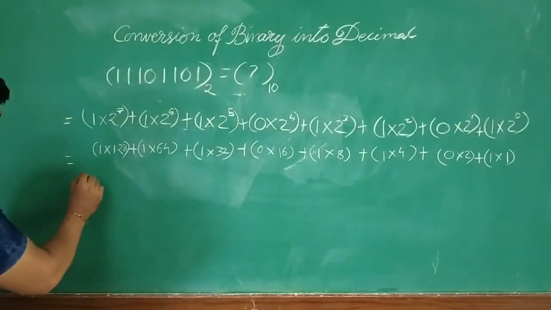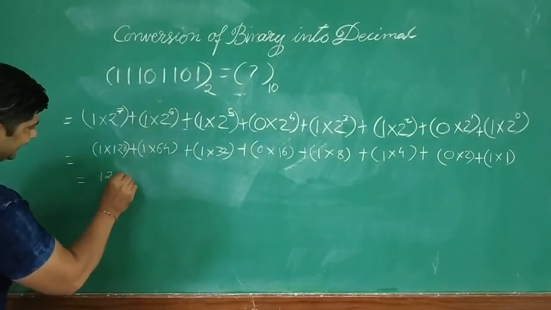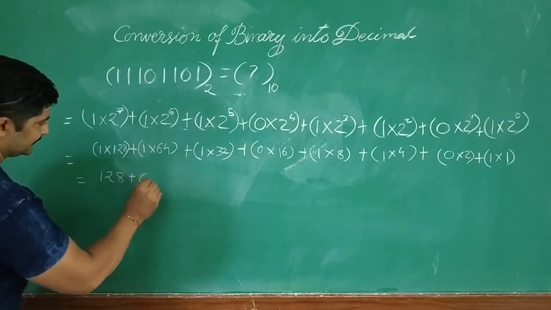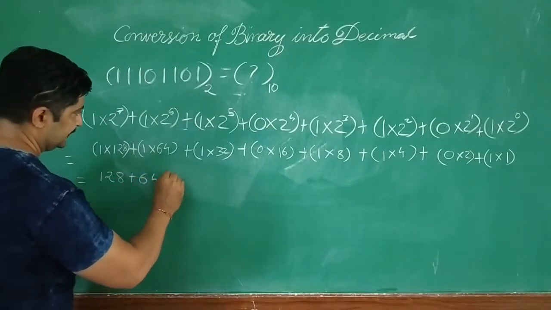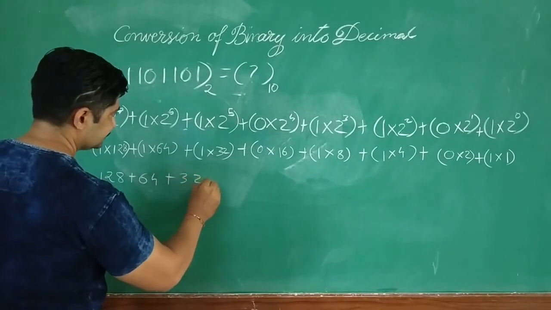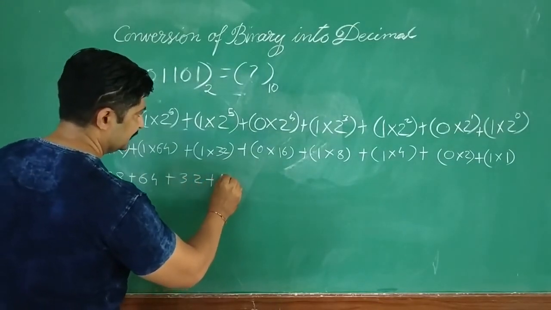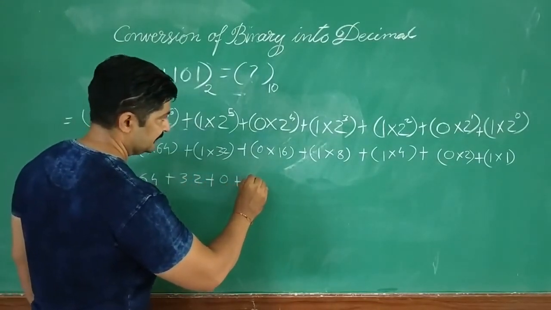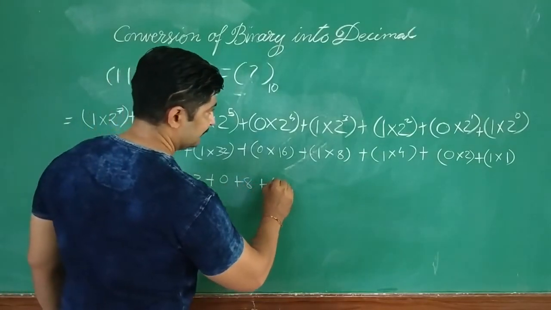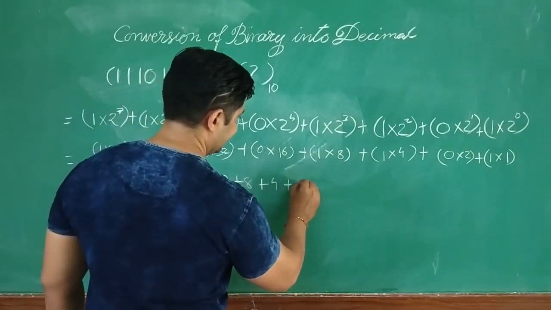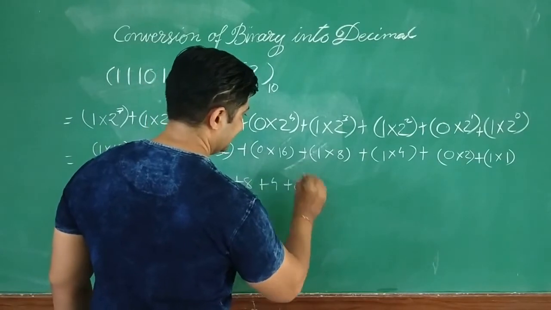Now I start from this side. 128 plus 64 plus 32 plus 0 plus 8 plus 4 plus 0 and plus 1.